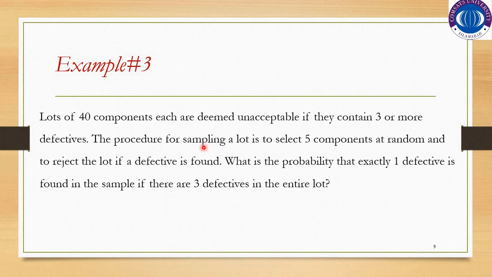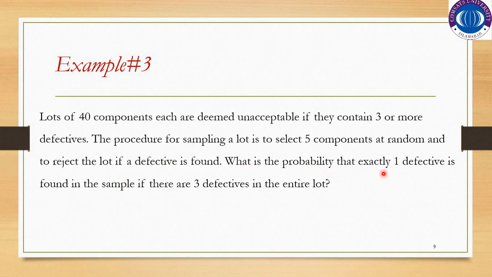The producer's plan for sampling a lot is to select 5 components at random and to reject the lot if a defective is found. So there are 5 components selected at random for inspection, and the lot is rejected if a defective is found.